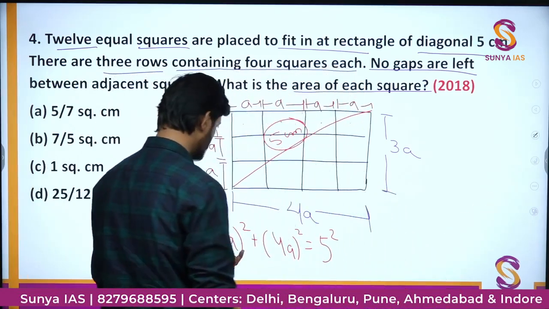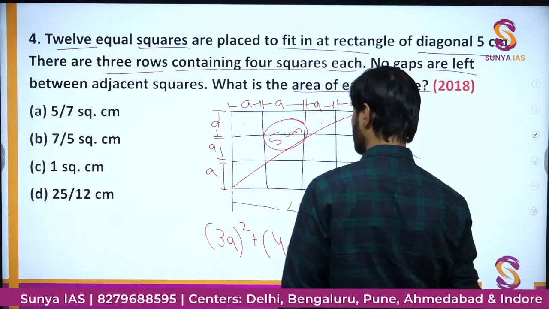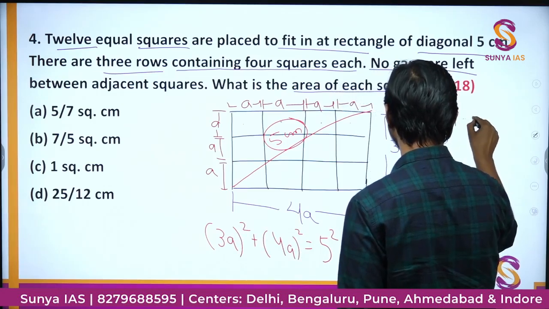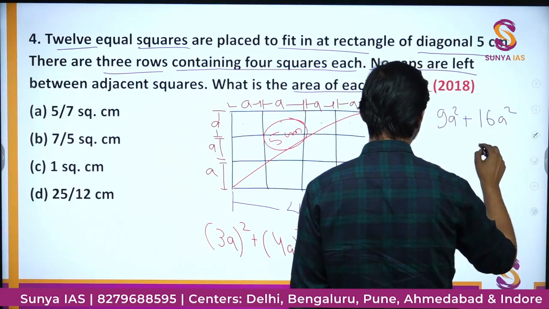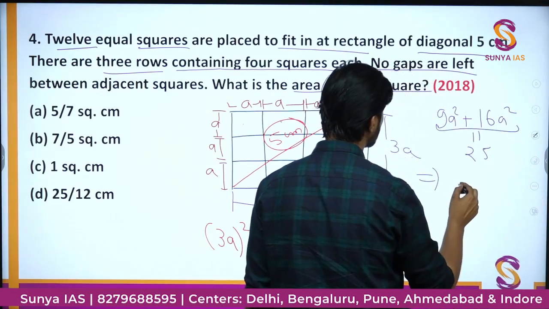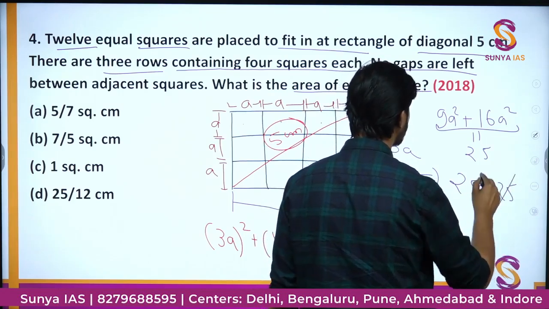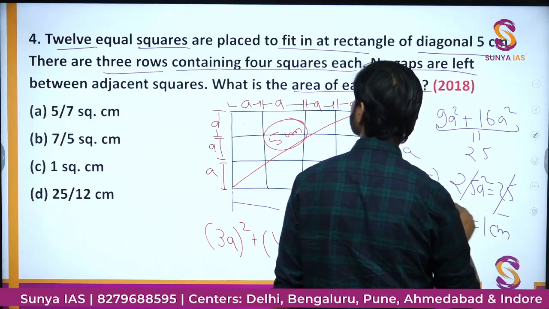Just expand it further. Here you have 3a squared, that is 9a square, plus 4a squared, that is 16a square, and it is equal to 25. When we add these two expressions we get 25a square is equal to 25. From here you can simply say a is equal to 1 centimeter.